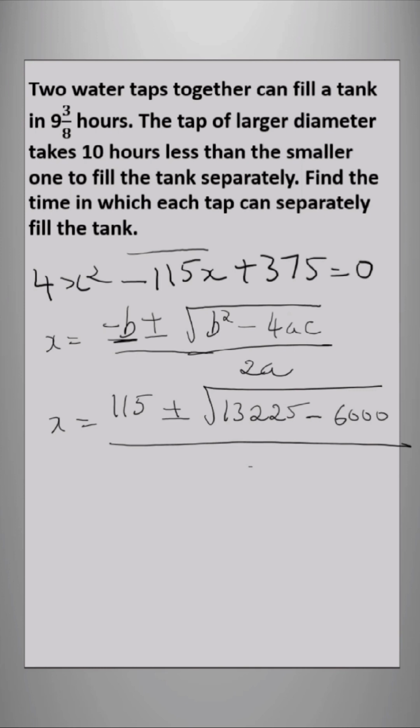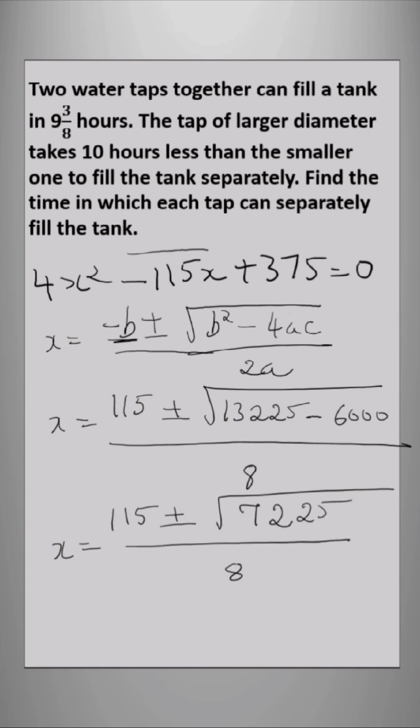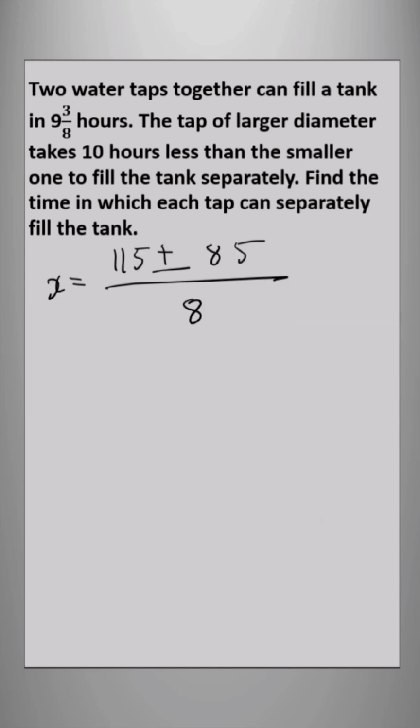So x is equal to 115 plus or minus square root of 7,225 divided by 8. The square root of 7,225 is 85. So now we have x is equal to 115 plus or minus 85 by 8.